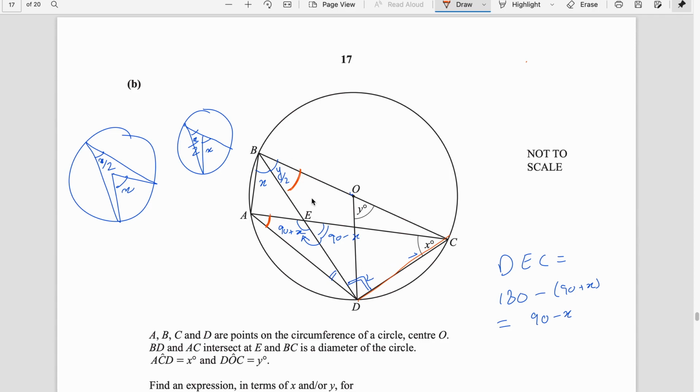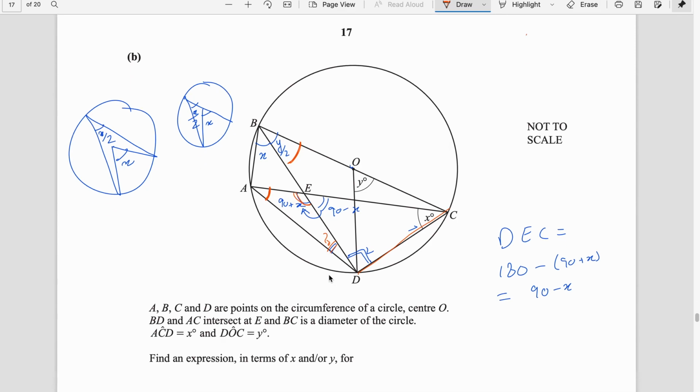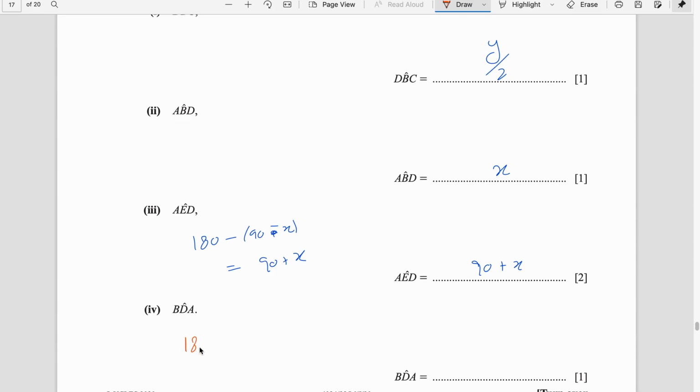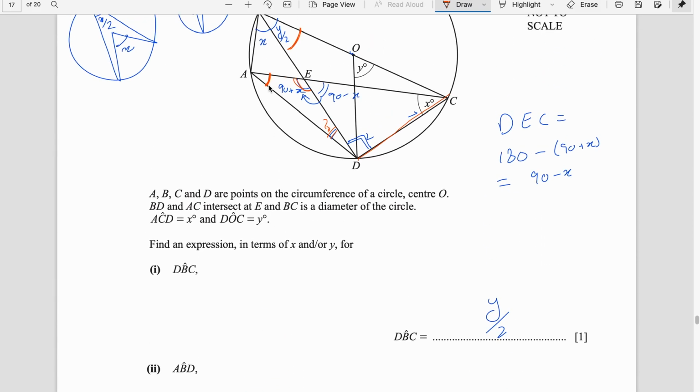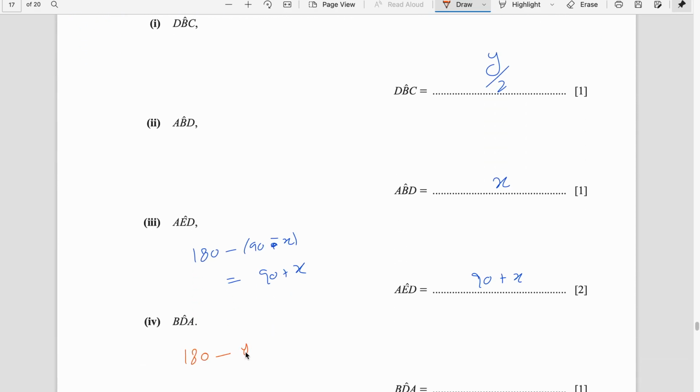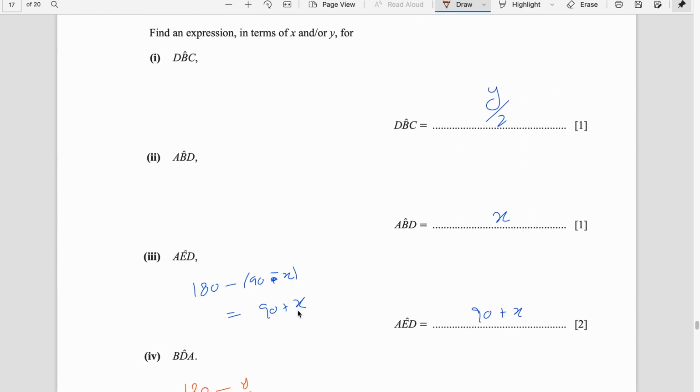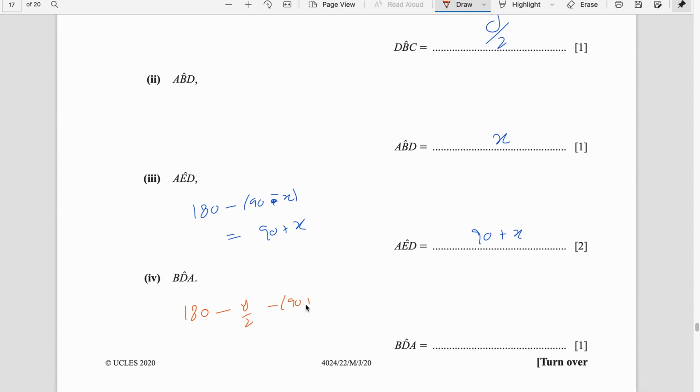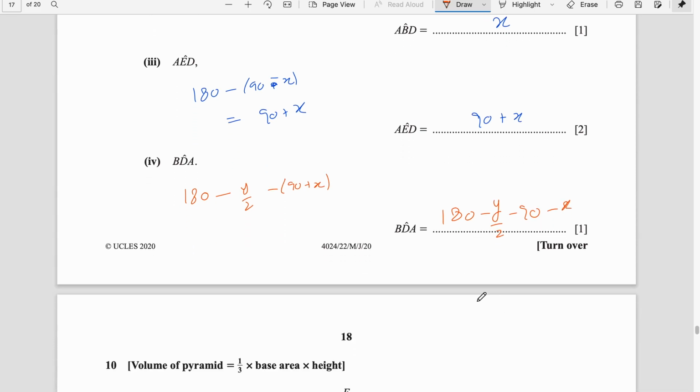To find BDA, you can remove 1 and 2 angles from 180 to find this. So 180 minus one of the angles is y by 2 and the other is 90 plus x, and the answer is 180 minus y by 2 minus 90 minus x. This could be simplified to 90 minus x minus y by 2.